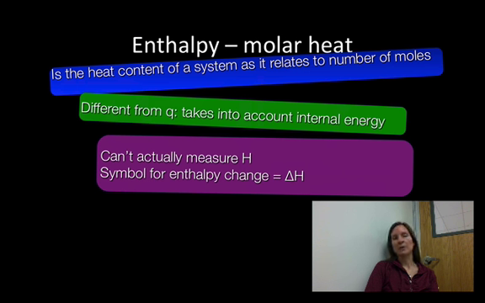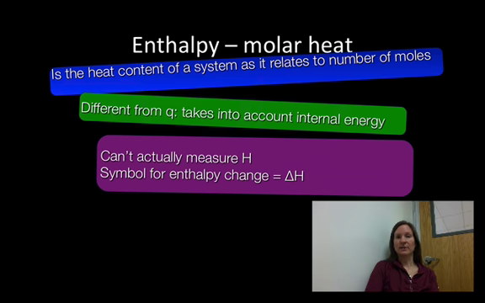One huge thing about enthalpy then is delta H is measured in kilojoules instead of joules, and it's per mole. So Q is just joules, right? How much energy is transferred, lost, or gained, where enthalpy is joules, or specifically kilojoules per mole. So how much energy is there per amount of substance.